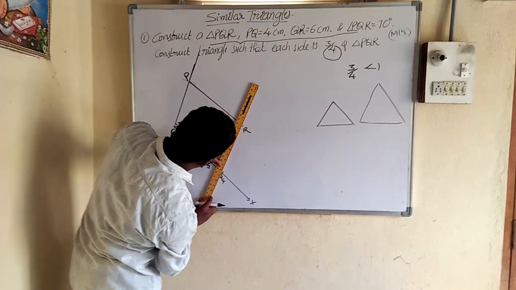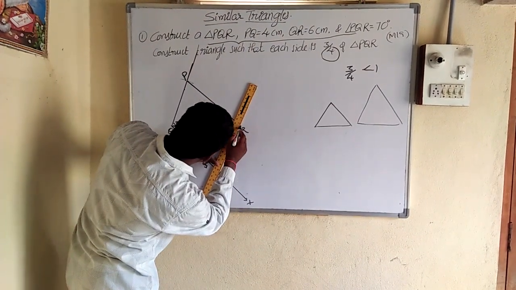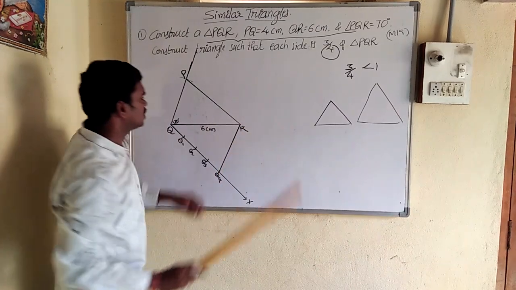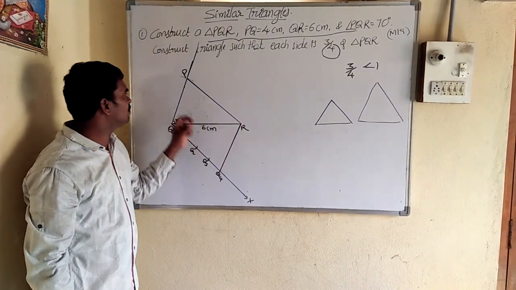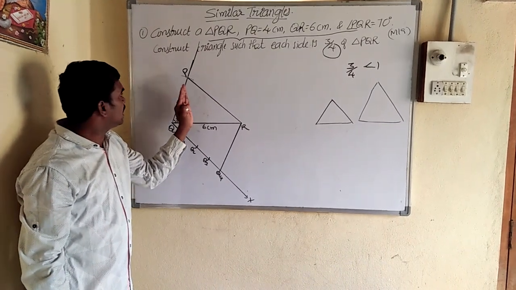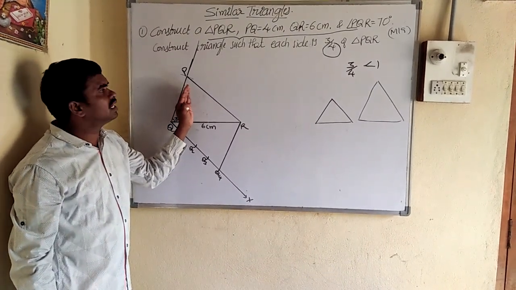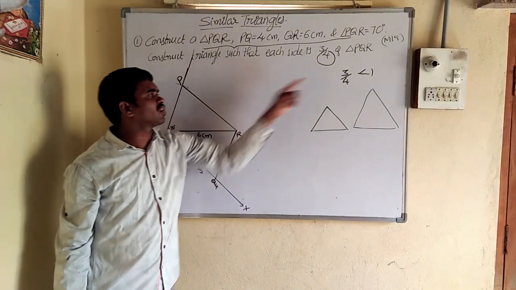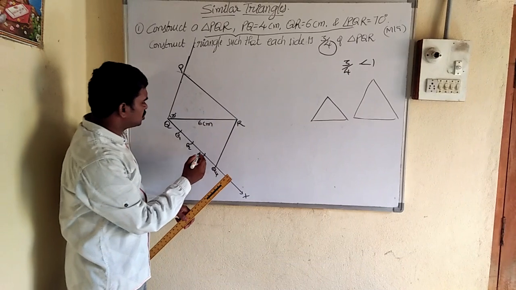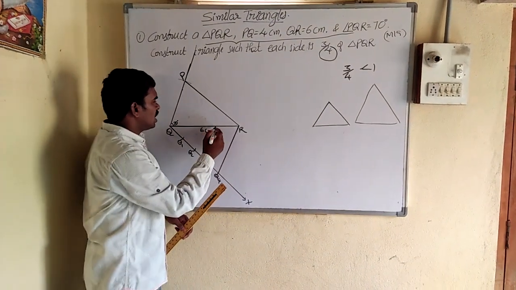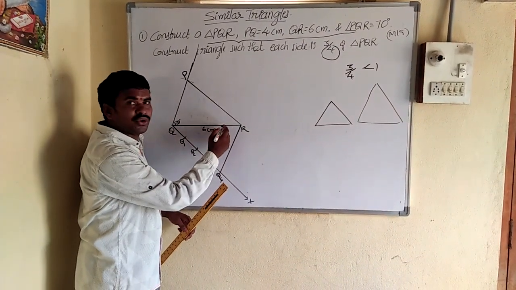After joining Q4R, with the help of this bottom triangle, we should construct an internal triangle that is 3 by 4 times the previous triangle. How can we draw? We have to join Q3 to a line that should intersect QR.